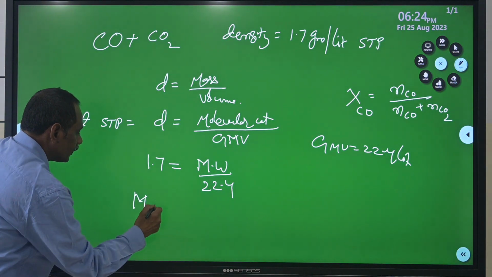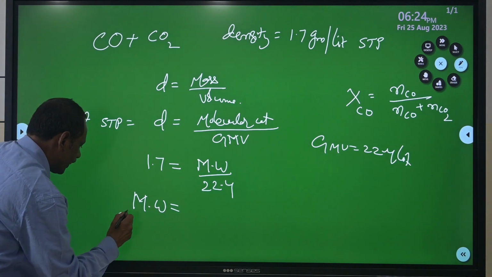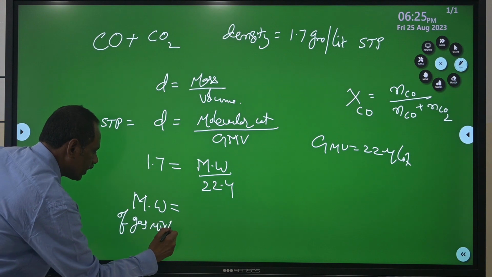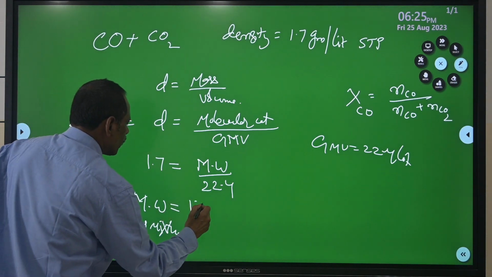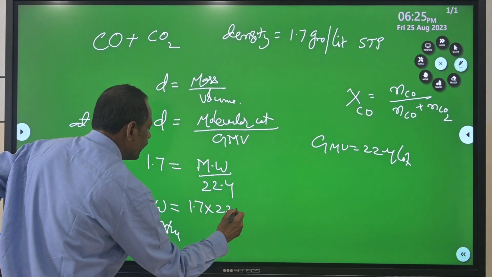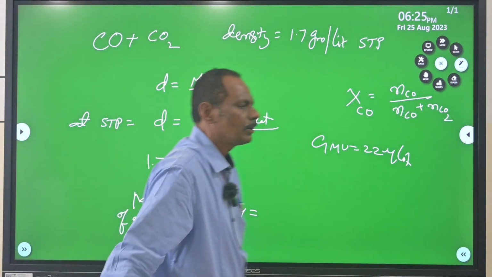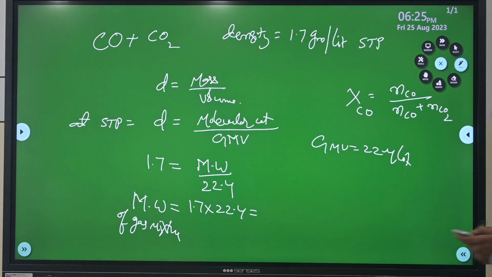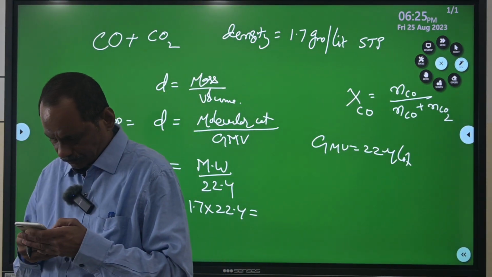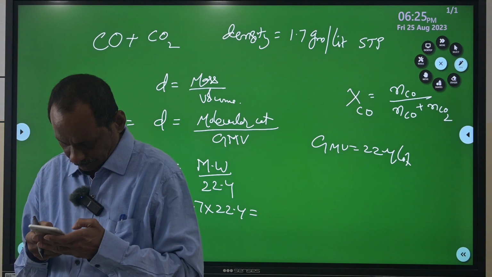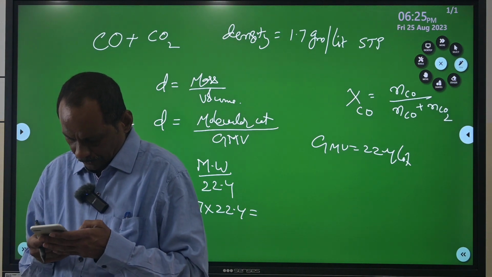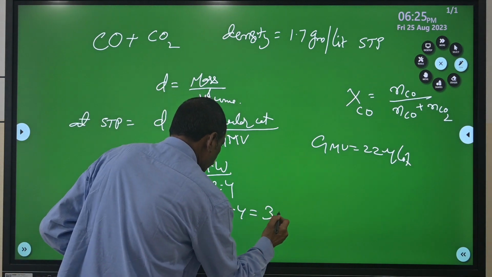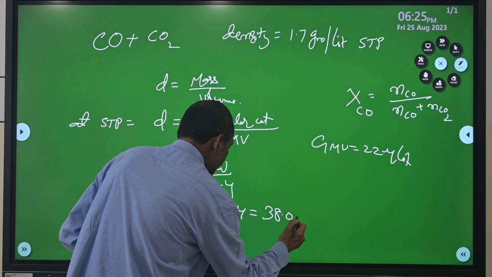Therefore, the molecular weight of the gas mixture is 1.7 into 22.4. Calculate that value. 1.7 into 22.4 is equal to 38.08.